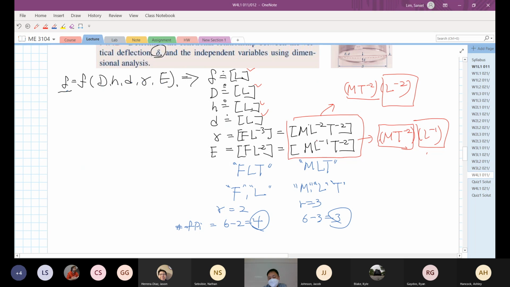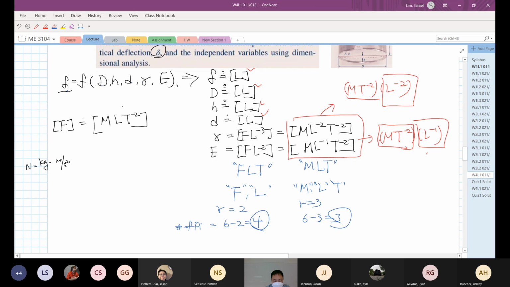Okay, same as the FLT system. If I use the FLT system, F is what? It was the Newton. I don't want to use the same units here. So Newton was a kilogram meter per second square, right? So it means if I'm using the MLT system, there's M L T minus 2.